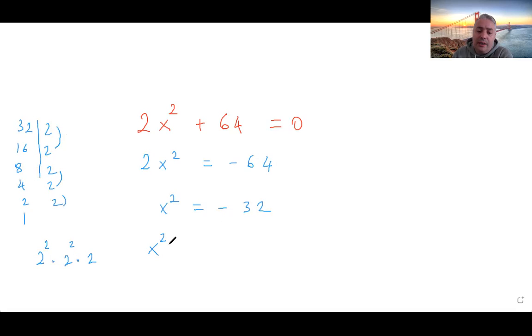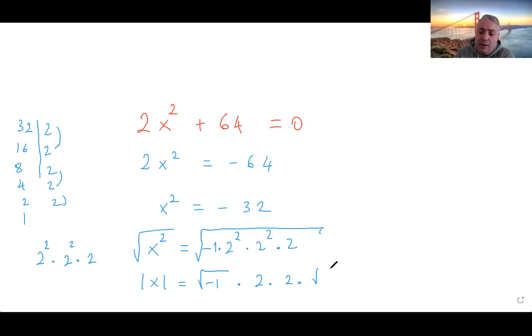So x squared is equal to negative 2 squared times 2 squared times 2. And then take the radical. It will be negative, let's say negative 1. So the absolute value of x is radical of negative 1 times 2 times 2, and this. Is it clear? 2 to the power of 2 could go out directly, 2.